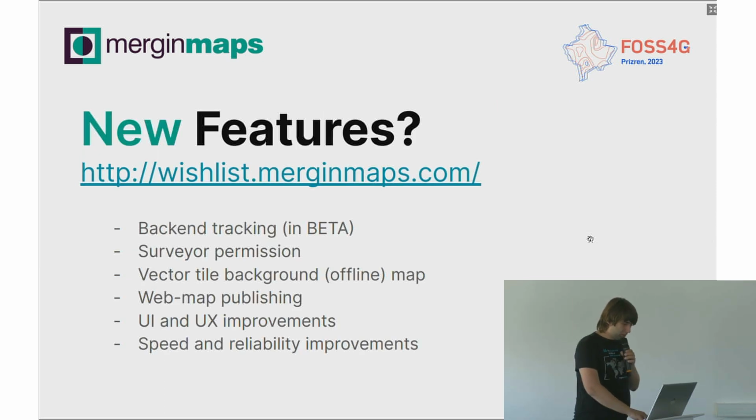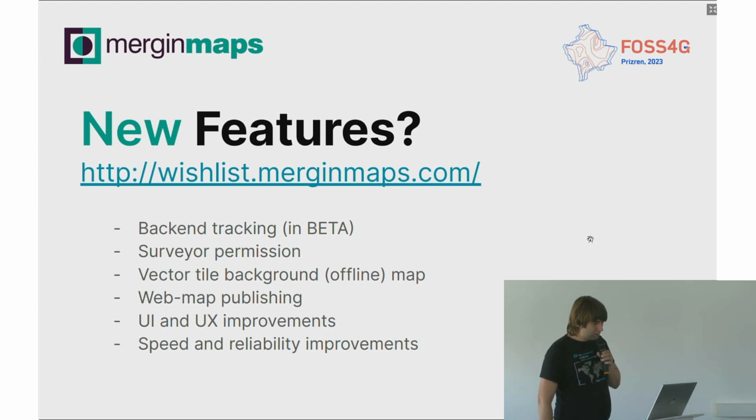For the new features, you can watch, as I said, the presentation from Wednesday or Thursday. It was yesterday. But just very briefly, we have backend tracking, which means that when you are outside and digitizing, you can have a track of where you've been automatically.